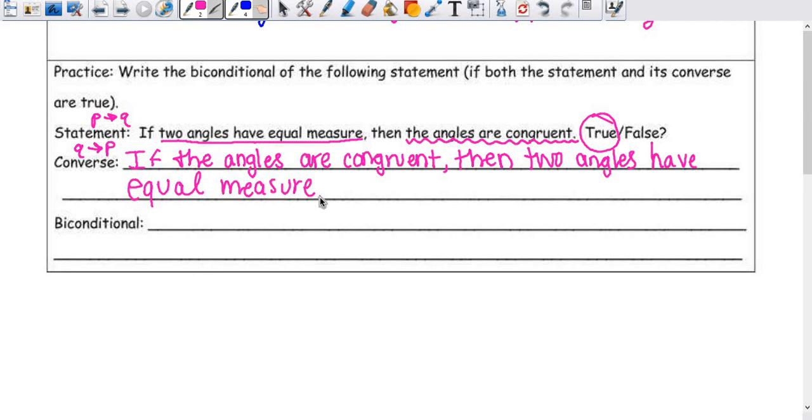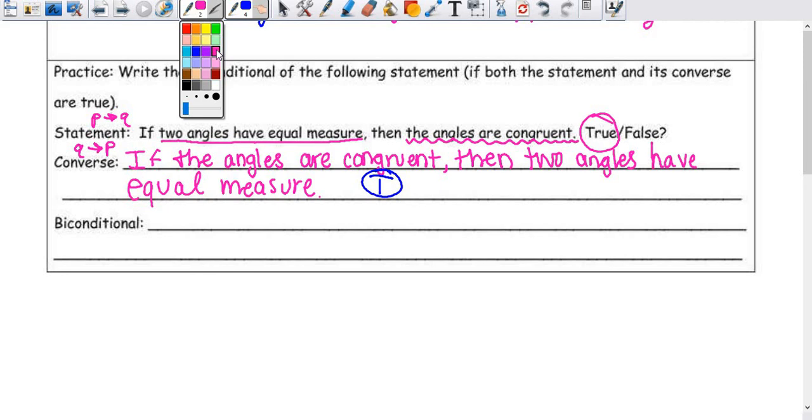Okay, so we still have an if-then statement. Is this true? If the angles are congruent, then two angles have equal measure. Well, isn't that the definition of congruent? That they would be equal? Yes, that is. So we have, again, a true conditional and a true converse.